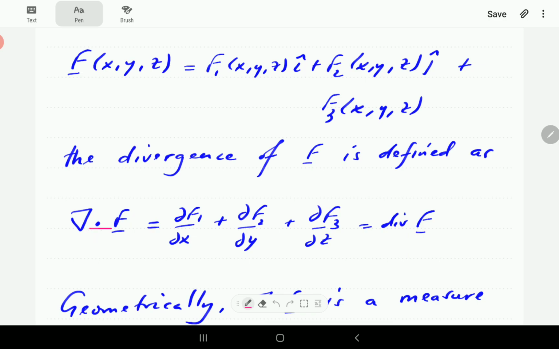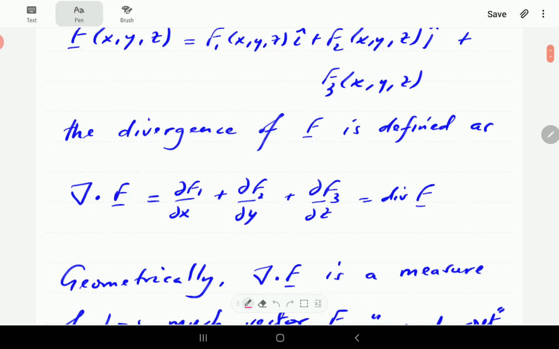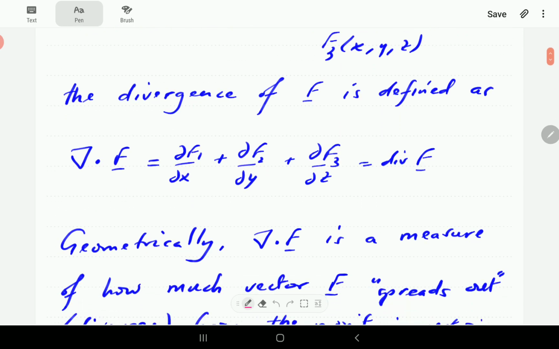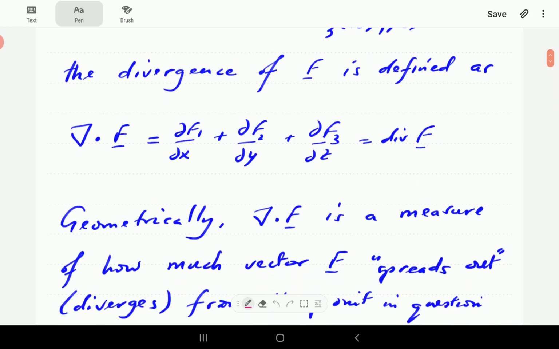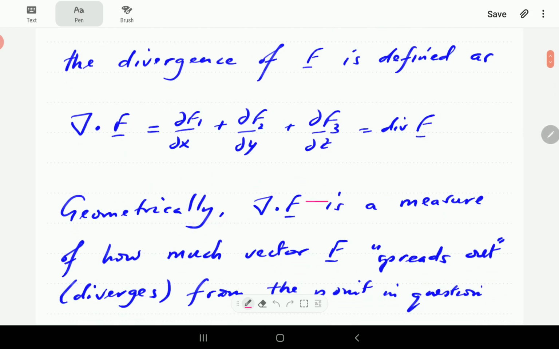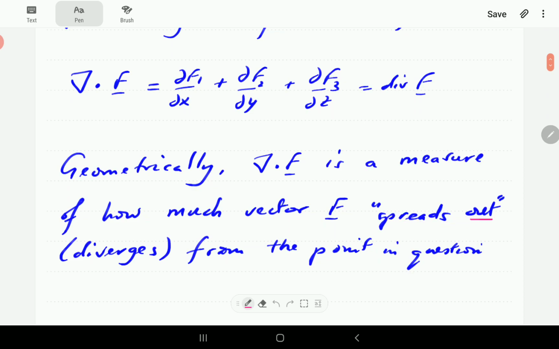Now, since the dot product is a scalar, the divergence of a quantity is also a scalar. It's just going to give us a number. Geometrically, the divergence of f is a measure that tells us how much a vector f spreads out or diverges from a point in question.